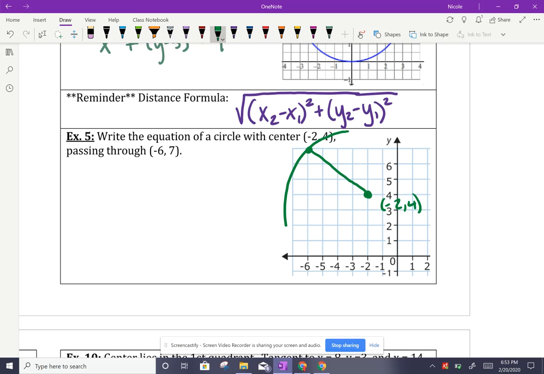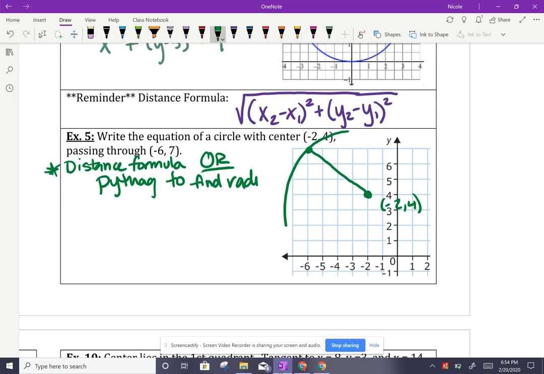So first I need to use distance formula. Or I'm going to give you a little bonus lesson here. This is especially helpful if you're graphing it, or you can use Pythag. You know, like how in the world to find the radius. Well, I will show you.